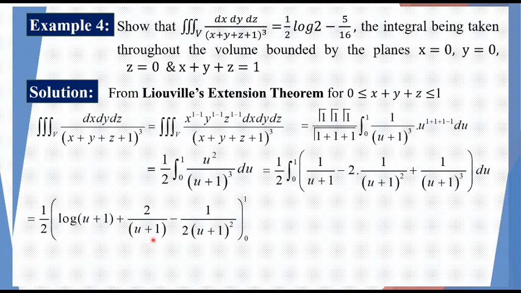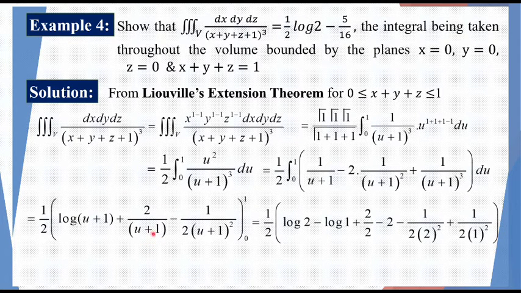Same as 2 upon 1 plus 1, that is 2, and minus 2 upon 1, it means 2, and minus 1 upon 2 into (1 plus 1) square, and minus is already there, so it will be plus 1 upon 2 into 1 square. So log 1 is 0, so only log 2 remains, and from here this is 1 minus 2, that is minus 1, and it is 1 by 8 and it is 1 by 2.